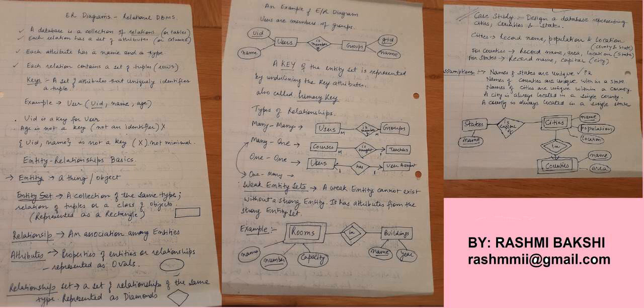Many-to-many relationship stands for where one entity can be associated with another entity with many types, meaning many users can become member of many groups, and in the same way many groups can have many users, right?